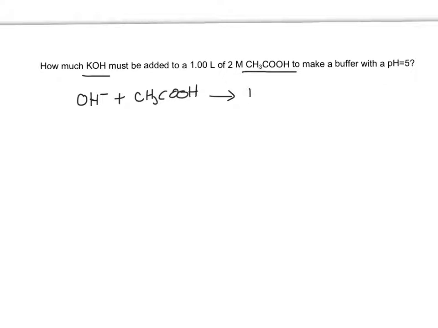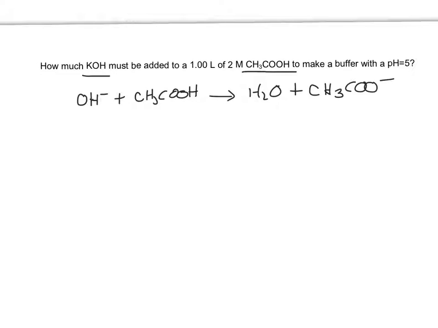So I'm going to form water and acetate ion. And once I do that, look at that. Now, if you have some left over of this, and some of this formed, I would have made a buffer. Isn't that cool? I thought that was really cool when I first looked at this problem.